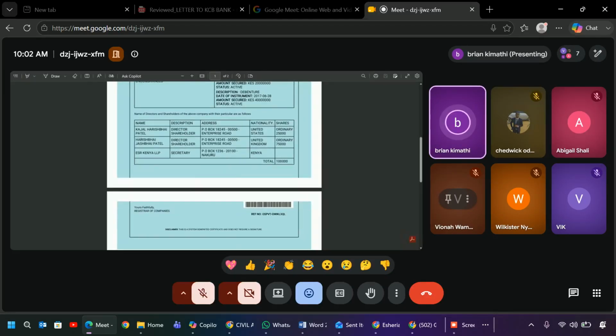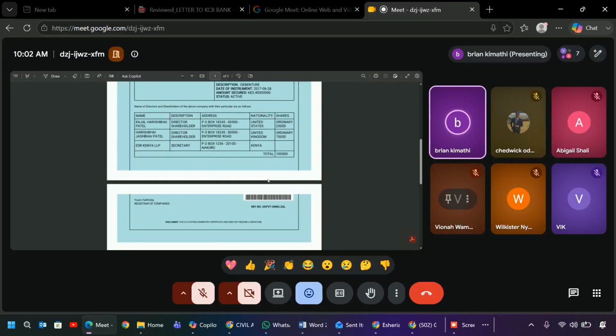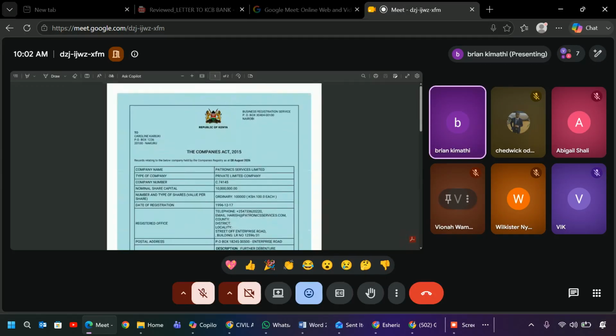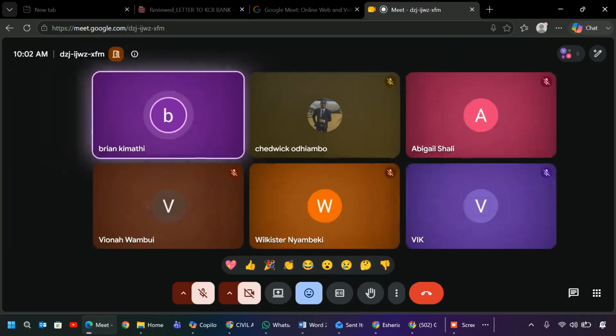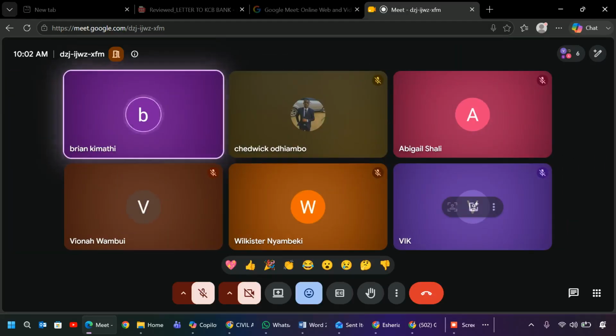Then the names of the directors and shareholders, their addresses, their description, and whether there is a secretary. That is what an official company search is. Formerly, it was called a CR12. So you might have heard of the term CR12, but nowadays it's just called an official search.